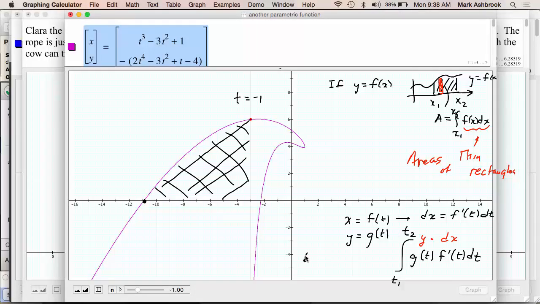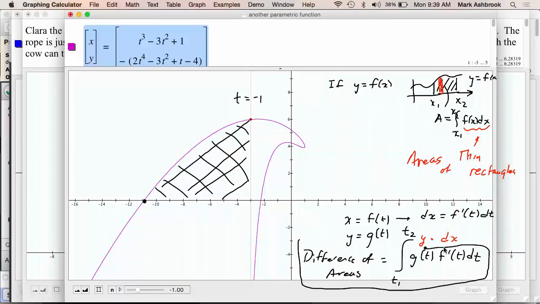And that's going to give us what? Difference of areas, just like before, where our baseline is the x-axis and our rectangles are up and down from the x-axis to the curve.